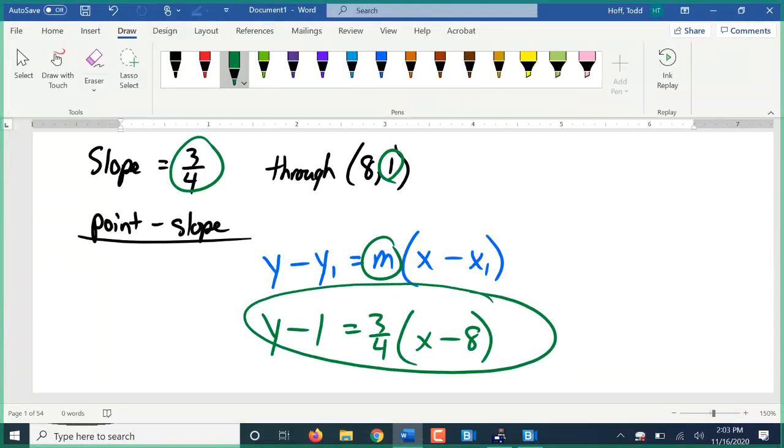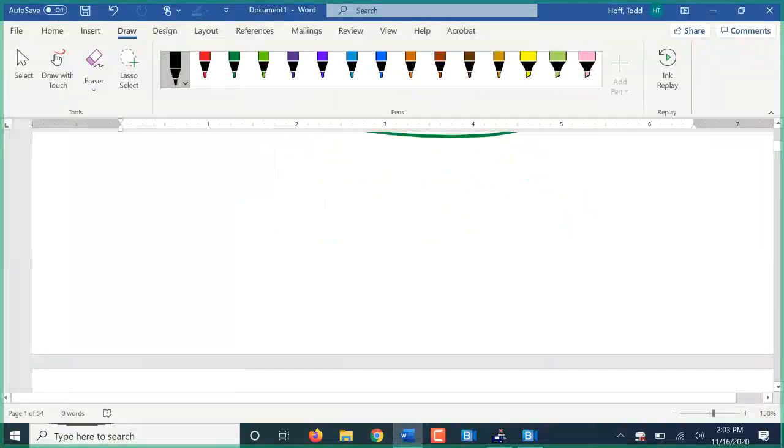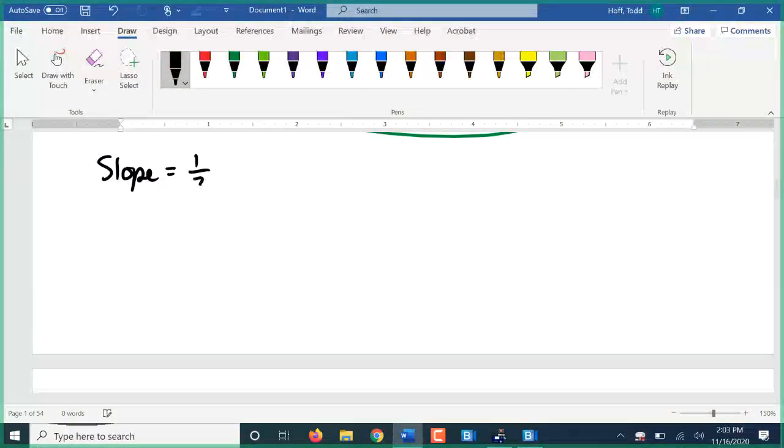Now we have to be just a little bit careful here with negatives in our coordinates. Let's say I have a slope of 1/3 and it goes through the point (-3, 5).